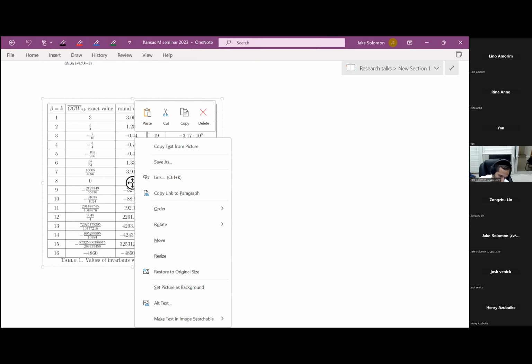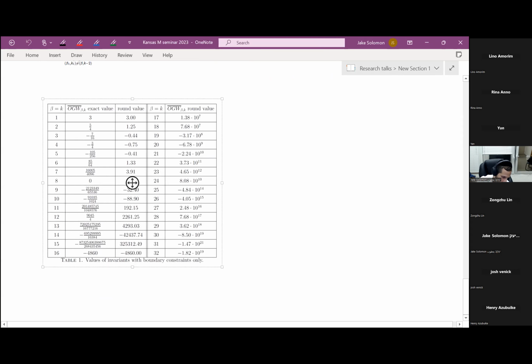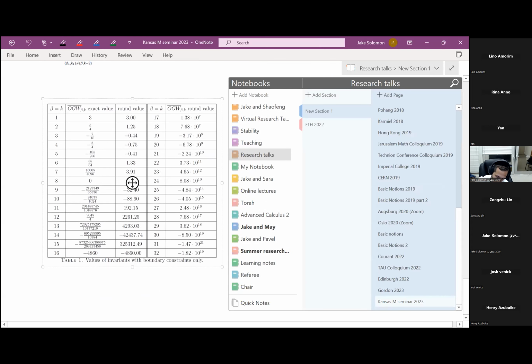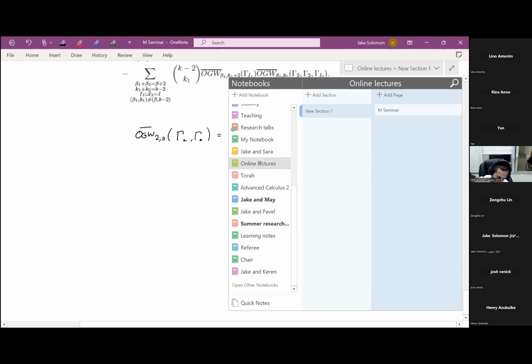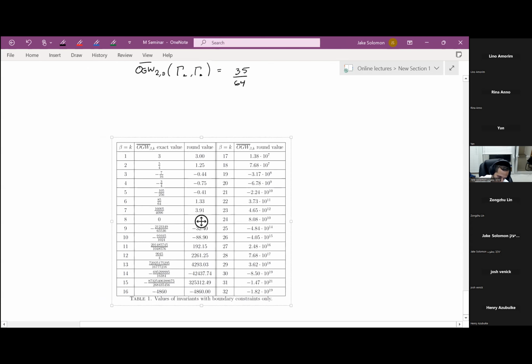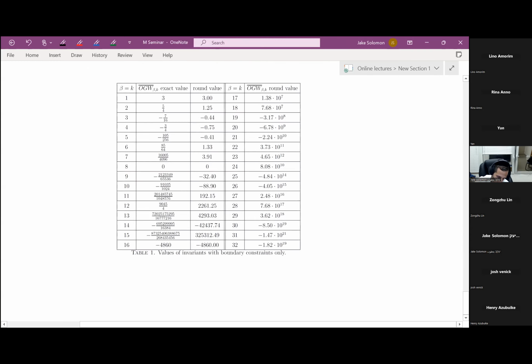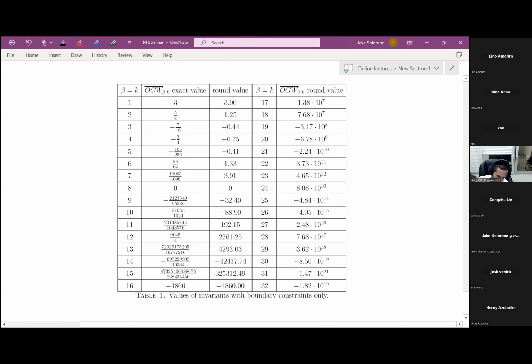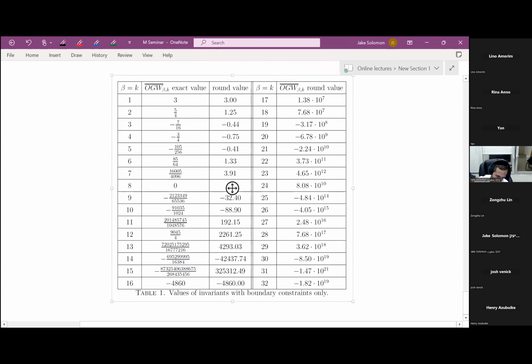Here are some examples of numbers we get. Hope this is visible.